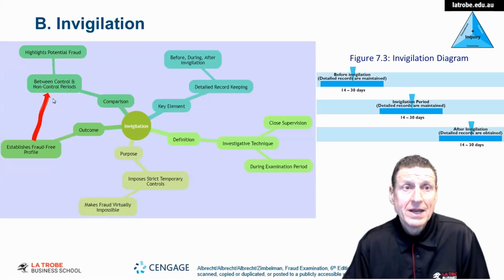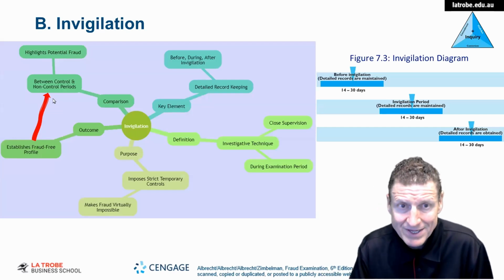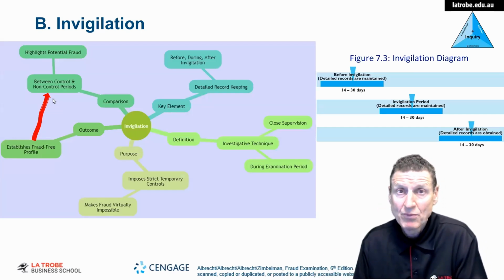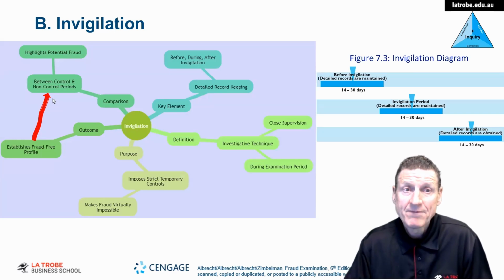Wow. All right. Now, invigilation, the second type of investigative method. You know what it's like when you're being watched over or monitored in an exam, but the key element is detailed record keeping before, during, and after the invigilation, because it's kind of like an experiment.